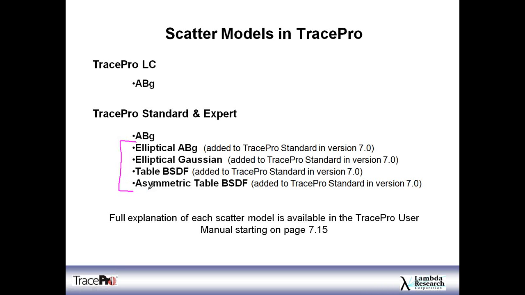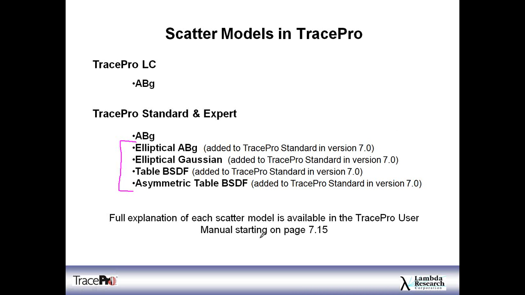They've now been added to TracePro Standard. So if you're still working with older versions of TracePro and you need these scattering properties, they're now available in the Standard Edition. You don't necessarily have to be at Expert. This could be a good reason, if you're not at version 7.0, to upgrade to version 7.0.